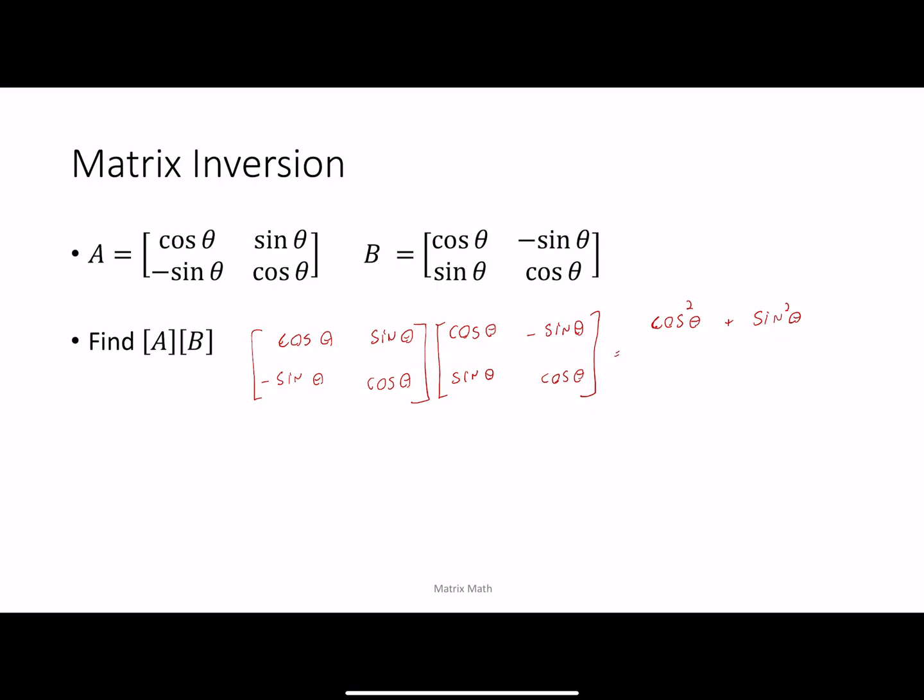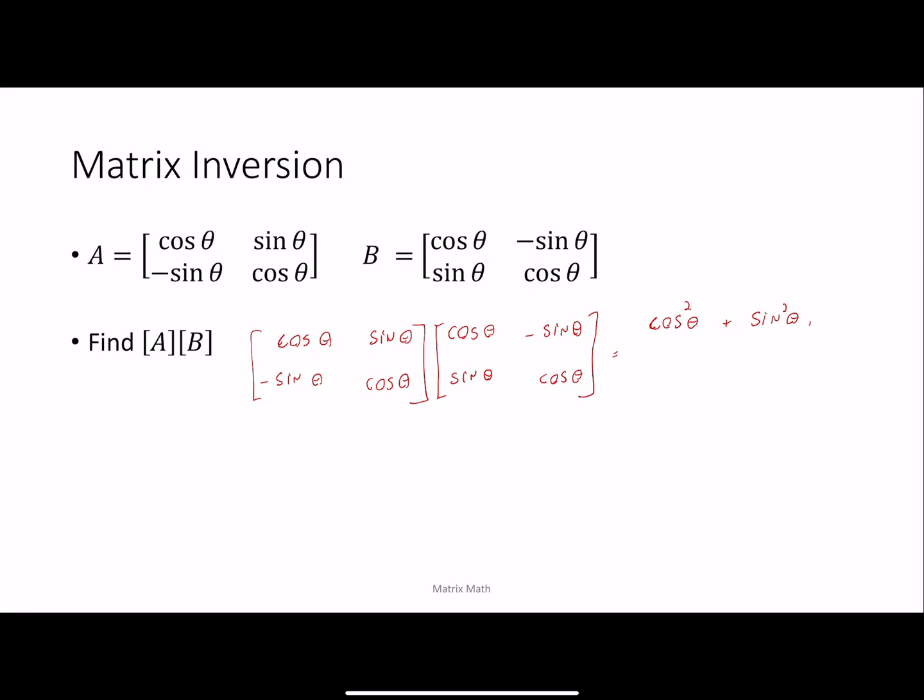Right, so that's our first result. So we do the same thing to get the second column here. This is going to be the second number, and I'm running out of space here, so I'm going to just put a comma.